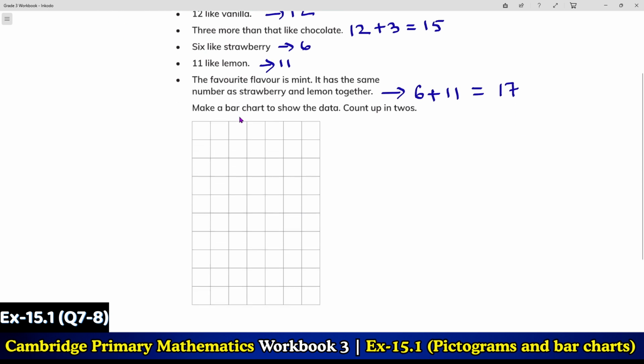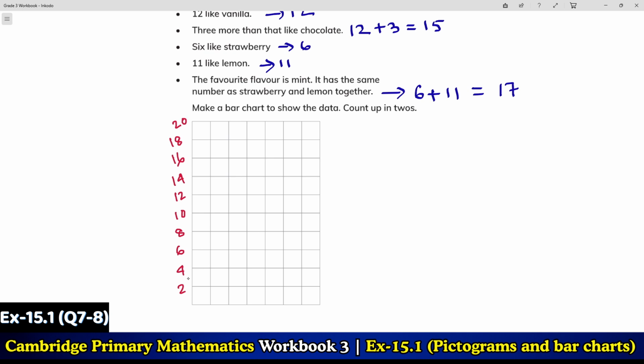Now we should make a bar chart. How? Let's think: this is 2, 4, 6, 8, 10, 12, 14, 16, 18 and finally 20.